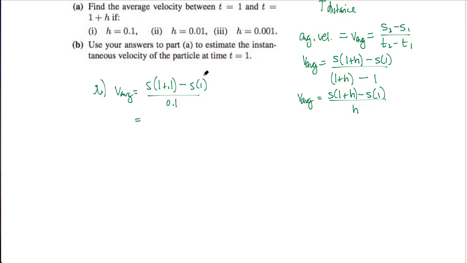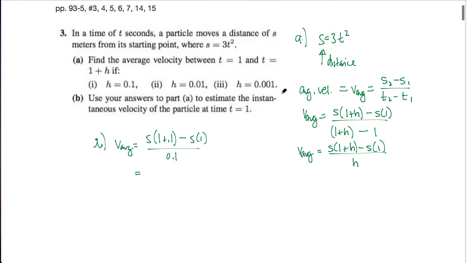So if I go into my function, where s is 3t squared, that's going to be 3 times 1.1 squared minus 3 times 1 squared, all over 0.1. So for this value of h, my average velocity will be 6.3, and that's going to be meters per second, because h is assumed to be in seconds here, because we have t seconds.